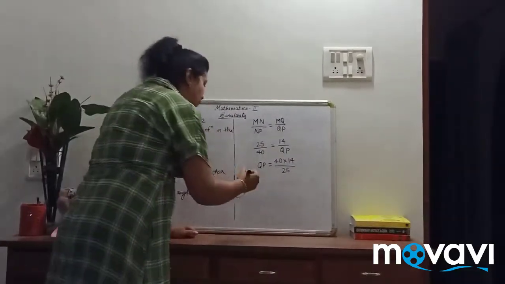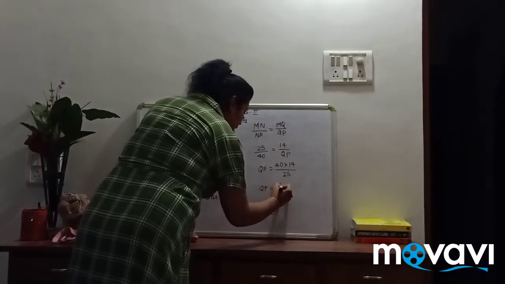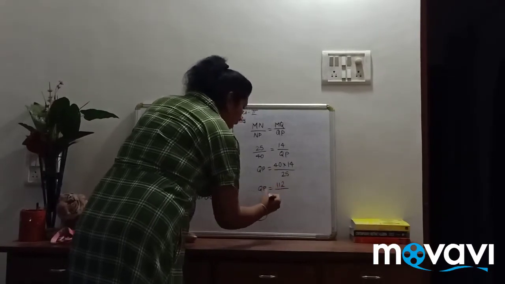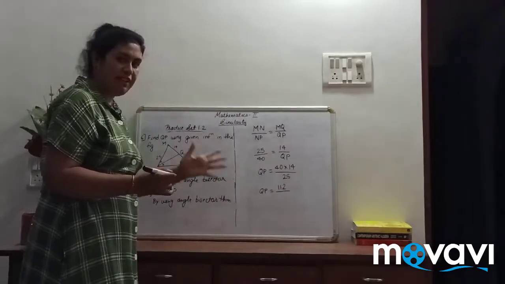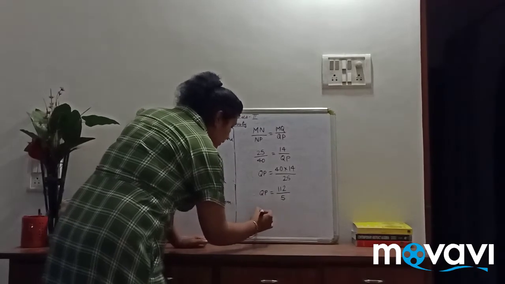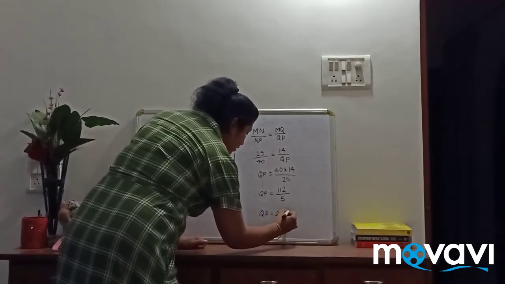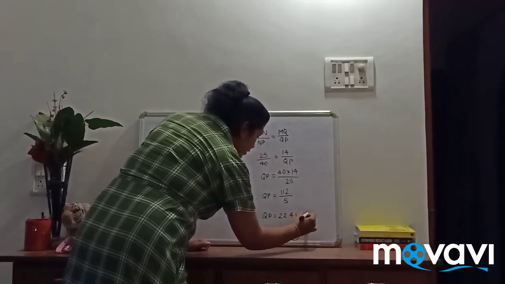So you are going to reduce this. Somewhere it comes like this, 112 upon 5. Okay, 112 upon 5. This gives you QP is equal to 22.4 units.